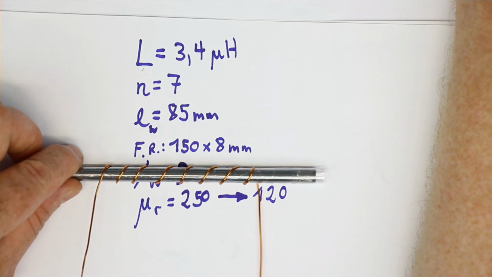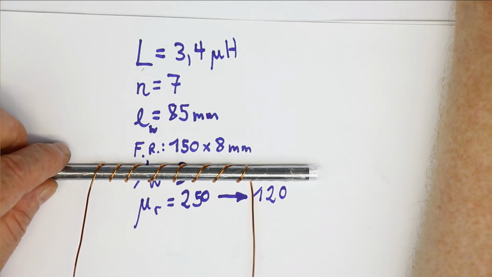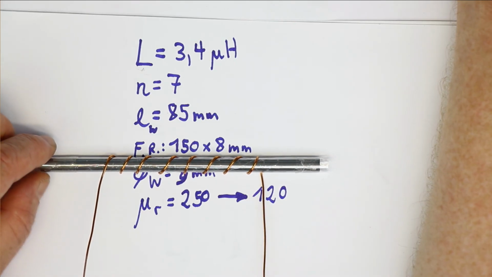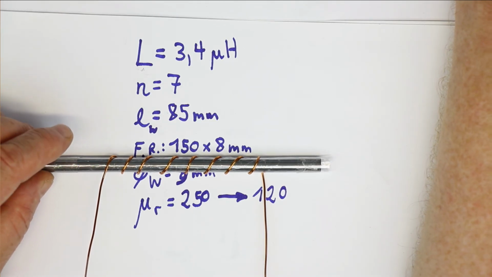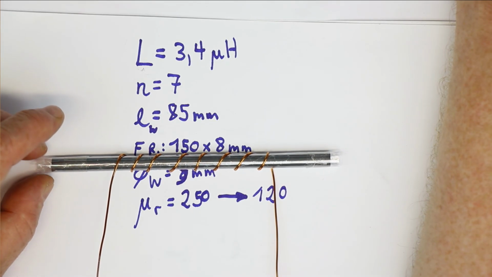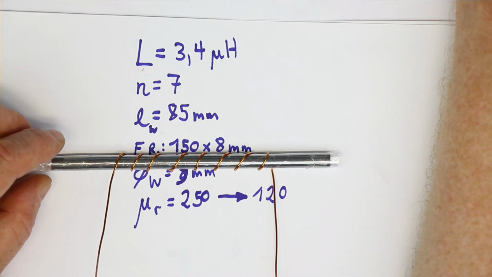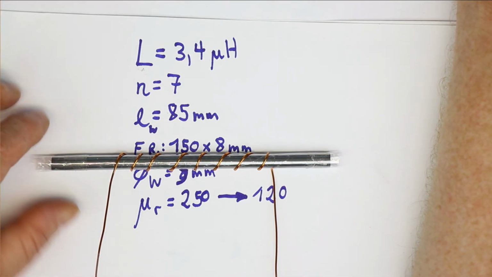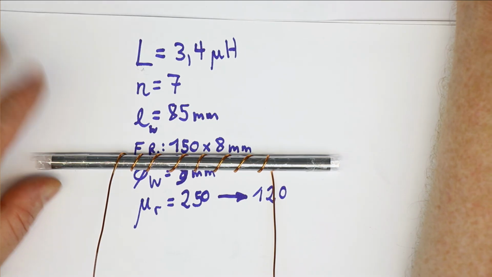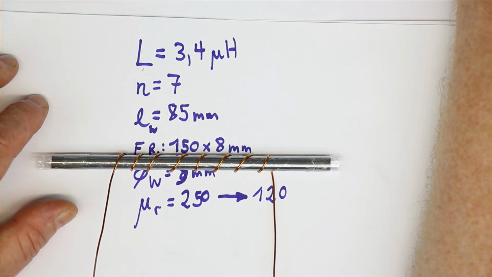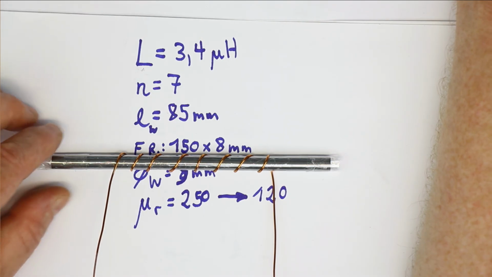For example, the readily available ferrite rod that we sell in our shop, especially for shortwave applications. Good usable up to 5 megahertz, and perhaps until 10 megahertz, but then already with losses.